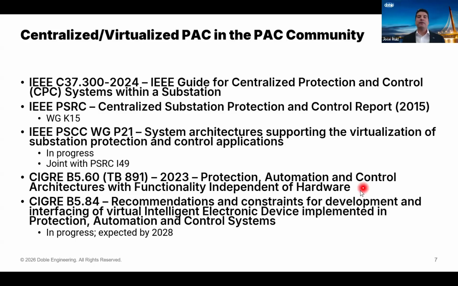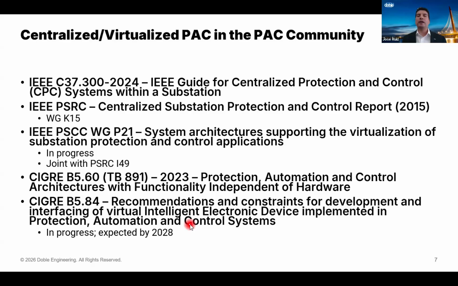And then we have an ongoing effort from CIGRE Working Group B5.84, which is basically recommendations and constraints for development and interfacing of virtual intelligent electronic devices implemented in protection, automation, and control systems.